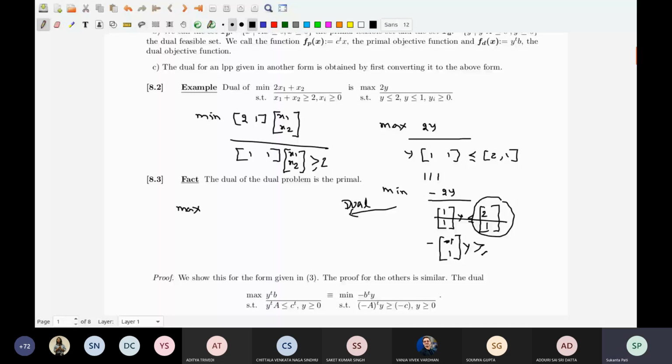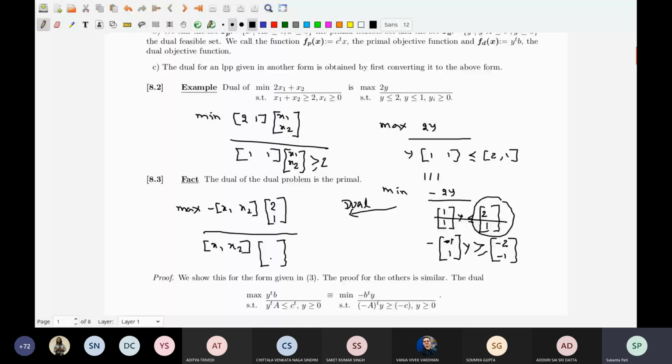Okay, so it is maximize y transpose b. So here y is used, so I will use x transpose b. So that is (x1 x2), and b is (2 1) with a minus sign, subject to (x1 x2) multiplied by the matrix, which is (1 1) with a minus sign, and it is less than equal to c transpose.